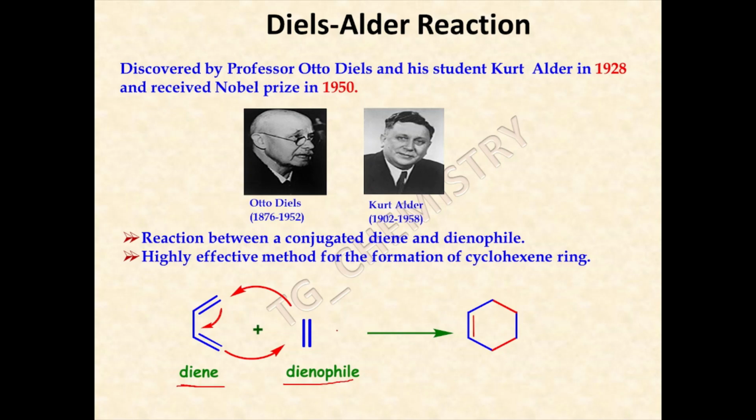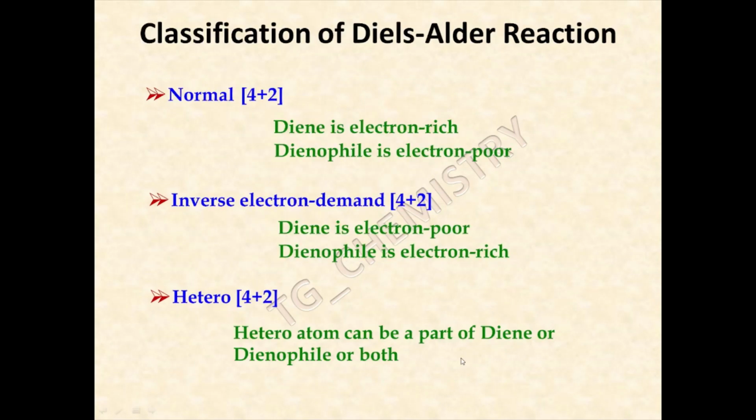So this is a general representation. In Diels-Alder reaction, we will mainly study the normal 4+2 Diels-Alder reaction, the inverse electron demand 4+2 Diels-Alder reaction, and also the hetero 4+2 Diels-Alder reaction. I will talk in detail about each in later lectures.